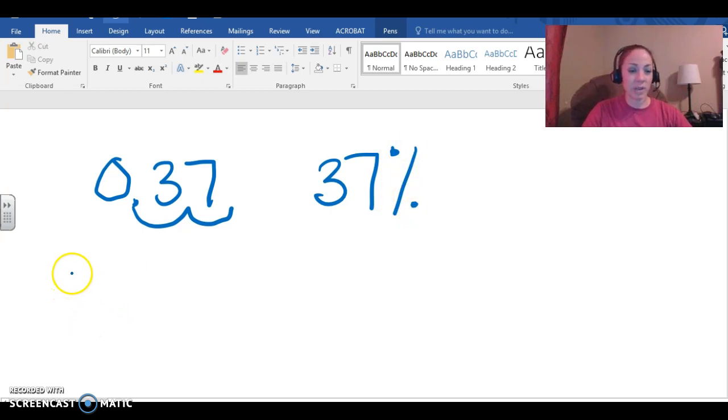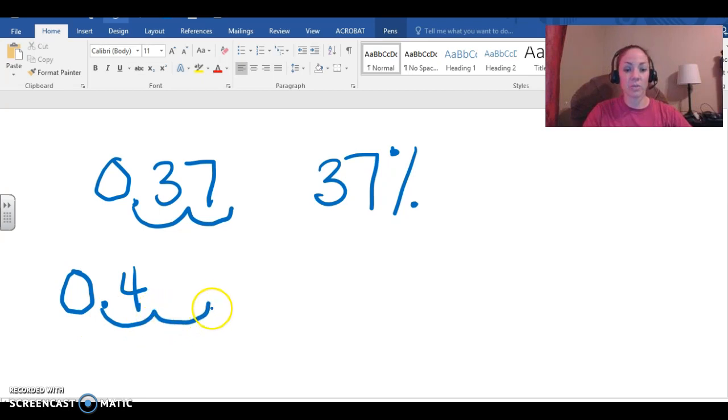But what do you do if you have a decimal that's just 4 tenths? Oh my gosh, what do you do? Well, you still move the decimal point over 2 spots, but you add a 0 in the hundredths place. So you have 40%. That's it.